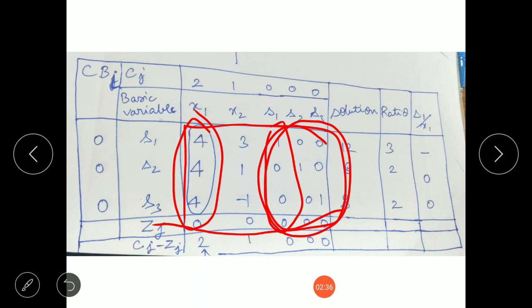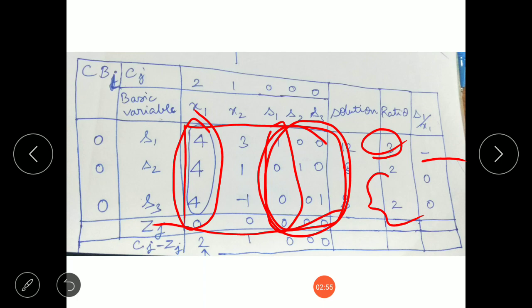Since there is no tie for the element 3, we will not find the ratio for this element in the S1 divided by X1 column. Since the tie has occurred between these two elements, we'll find the ratio for these two elements only.